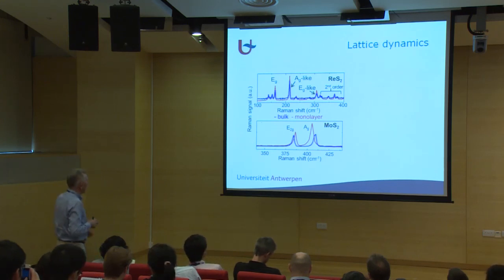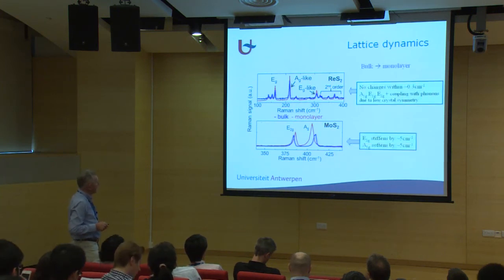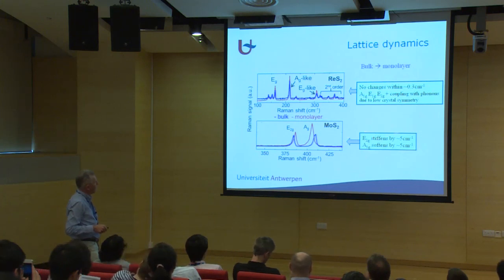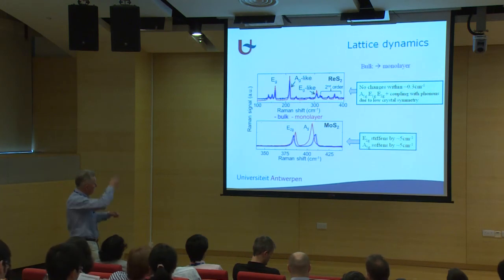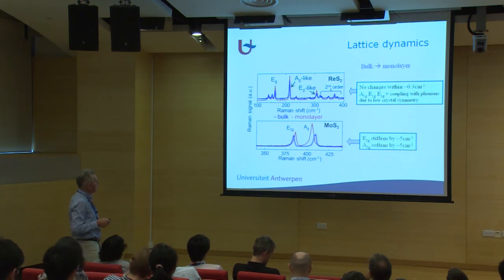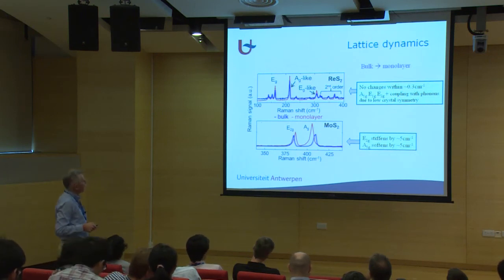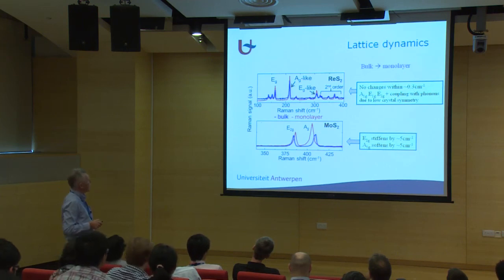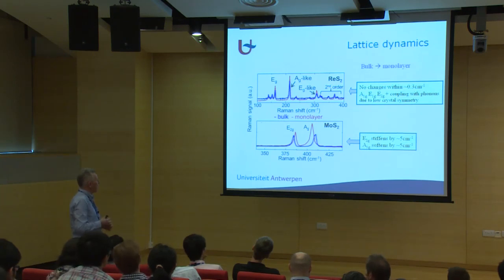While if you look at molybdenum disulfide, you see that if you go from bulk to monolayer, the E2G stiffens by about 5 cm^-1, and the A, the out-of-plane motion, softens by almost the same value. While here you see no changes, and you have some extra peaks which are also a result of the coupling with the phonons, which are a consequence of the low crystal symmetry.